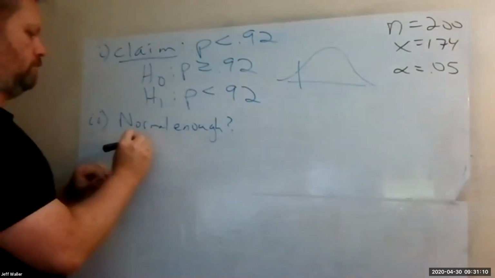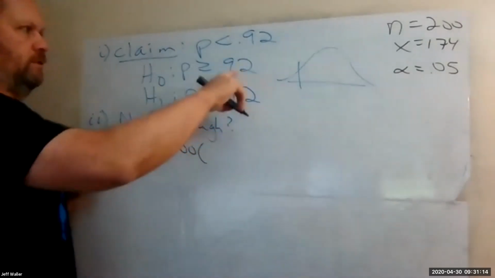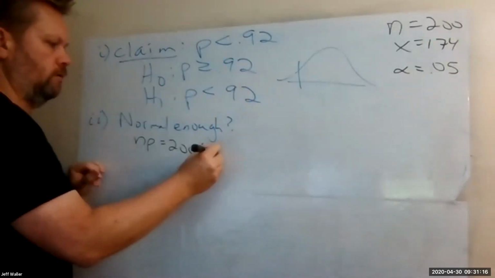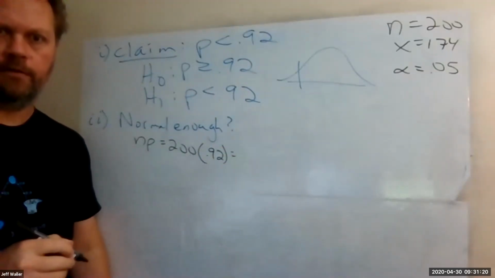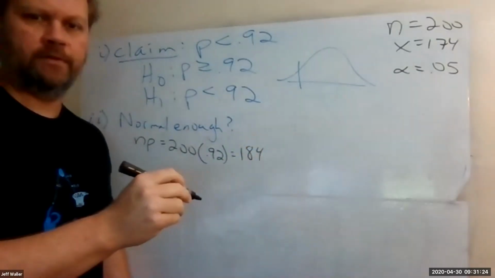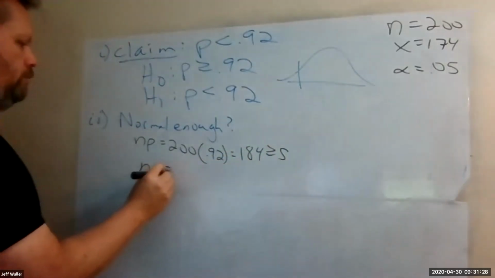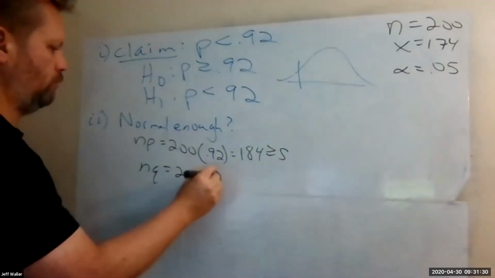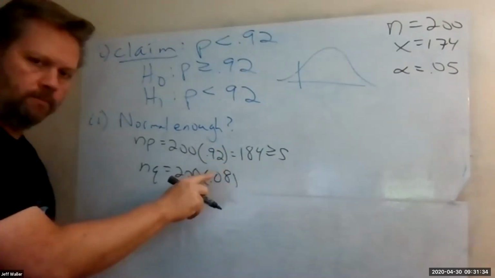So then NP is going to be 200 times 0.92, right, which is 184. Let's see. NQ will be 200 times 0.08, of course, because these together have to make 1.